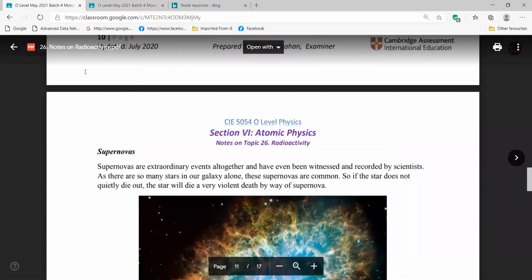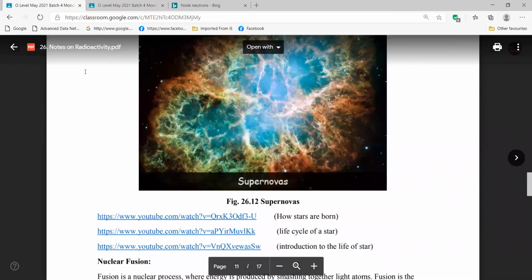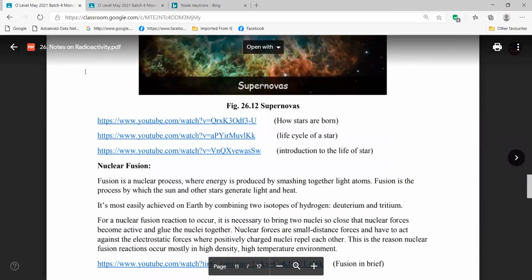Like, how does a supernova take place? Let me explain with the annotation. This is our star.